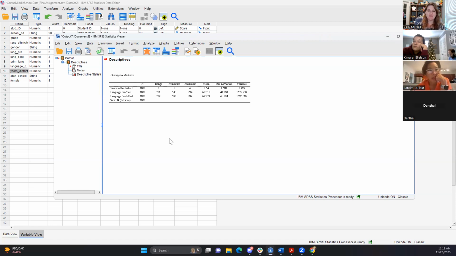You want to see, for the year ones, what is their pre and post test score? The year twos, what is their score? We're not seeing that. We're just seeing these are the years, these are the pre-scores, these are the post scores. We're not actually associating year two with a test score by doing descriptives.